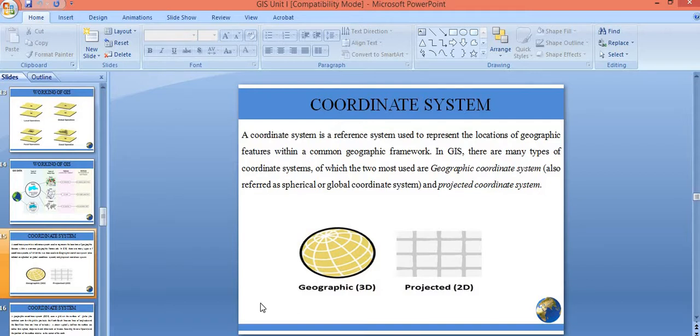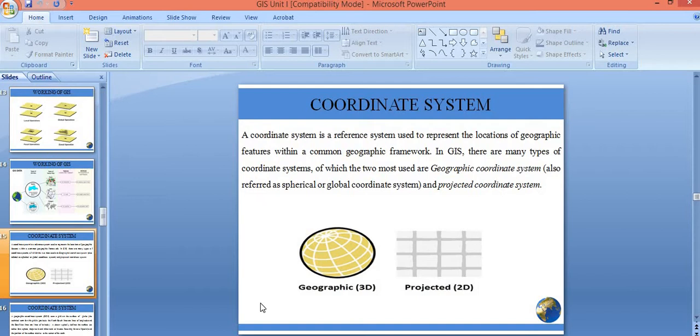Okay. So coordinate system is a reference system used to represent the location of geographic features within a common framework. The main point to take is, when you refer to coordinate system, there are two types of coordinate systems. One is geographic coordinate system, another one is projected coordinate system.